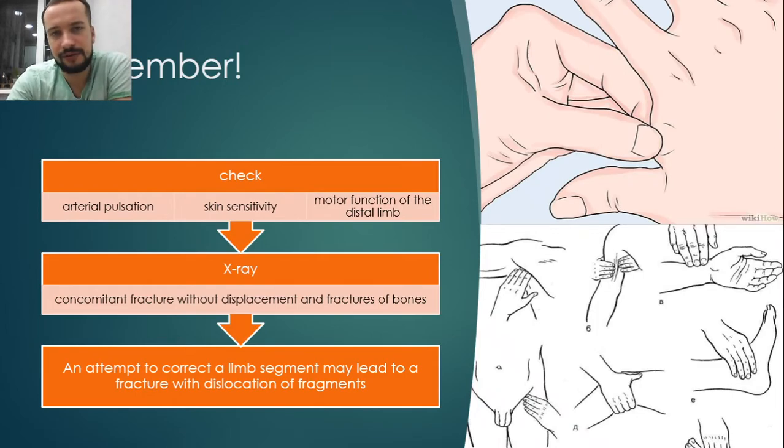Please remember that we need to do an X-ray, because if there is a fracture, we have a very big problem if we treat the dislocation and fracture. And in the picture you see where we can check the pulse of arteries.